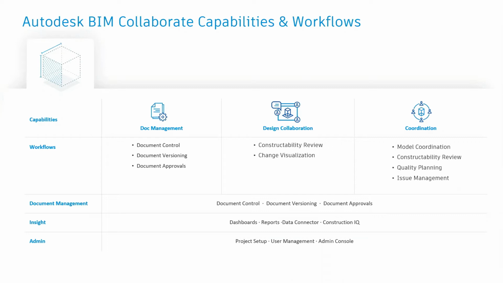So that's another big part of the platform, being able to officially transmit drawings, get them approved through an official workflow that's agreed upon within the platform, and then tracked and versioned, so that there's a history for the life of the project. Design collaboration, as we mentioned, includes constructability review and change visualization, and then coordination in terms of the model coordination and quality planning, etc.